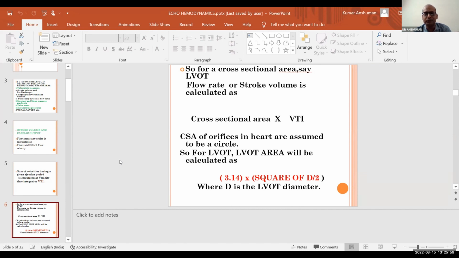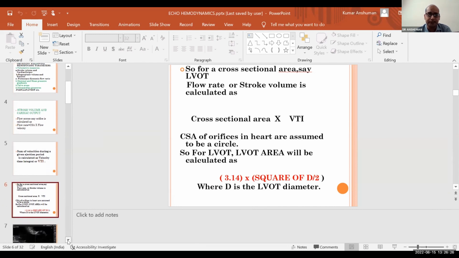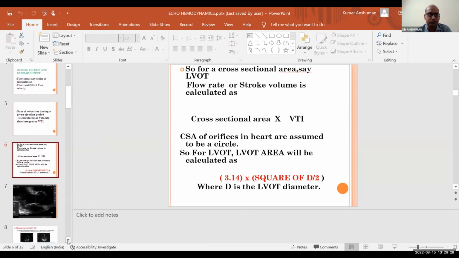So the LVOT area is the area of a circle, pi r squared. Pi is 3.14, and r is d by 2, the radius. If you measure the LVOT diameter, you get d, and half of it is the radius. Half of d squared multiplied by 3.14 gives the cross-sectional area, and multiplied by VTI, it gives the stroke volume.